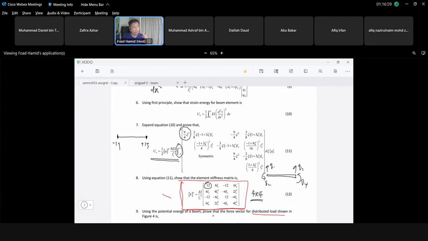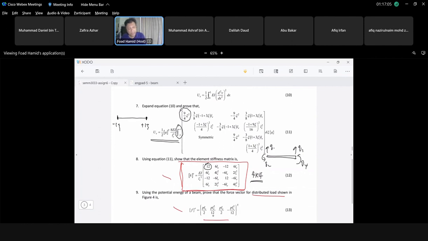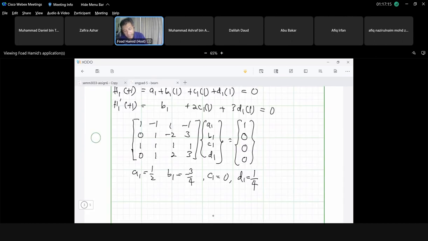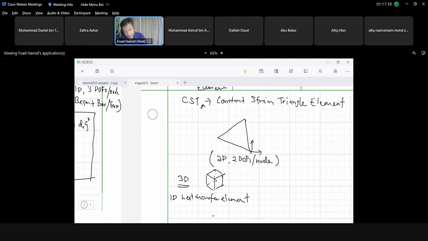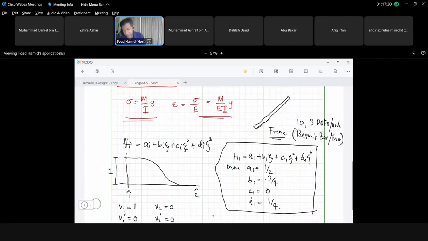But for the frame element, the K matrix will be a 6 by 6, which means it has 3 degrees of freedom per node. I think I mentioned that. Here. Okay, so frame, one dimensional element with 3 degrees of freedom per node.